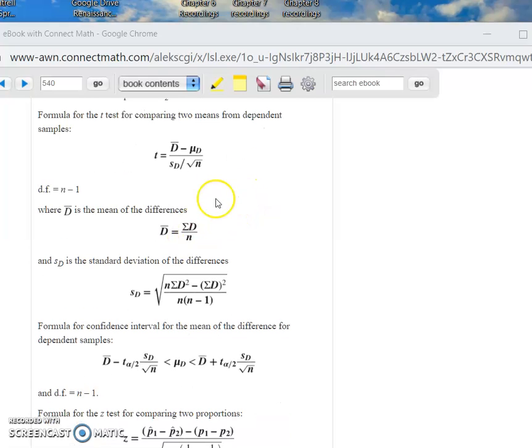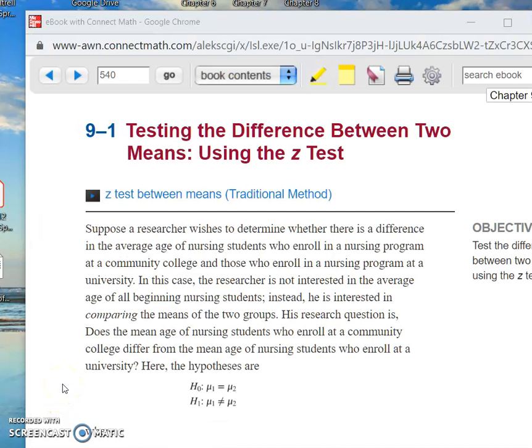Okay, so let me get back to the text. Okay, so in section 9-1, we are talking about the differences between two means. You take a sample from the population, and you take another sample from the population, and you compare those two samples, okay?